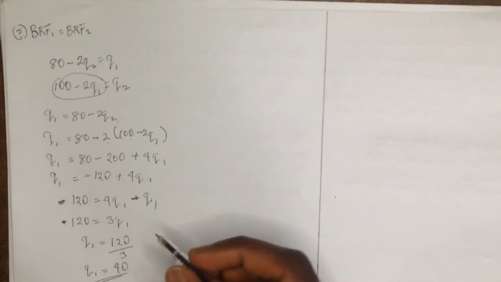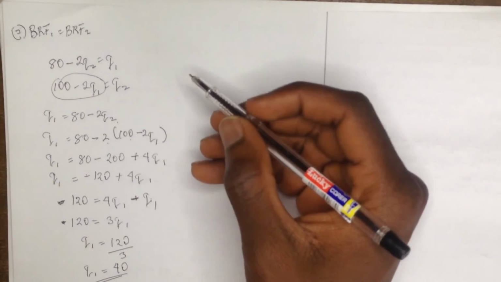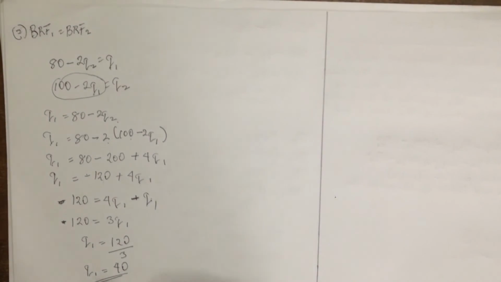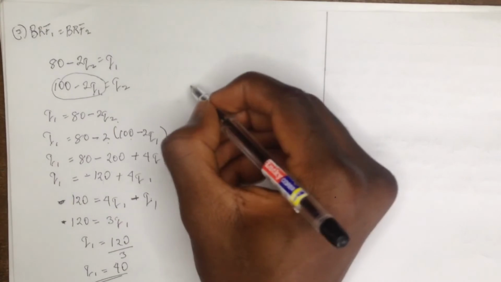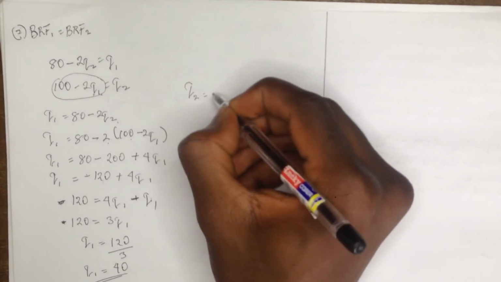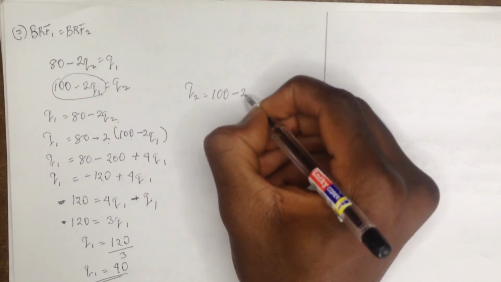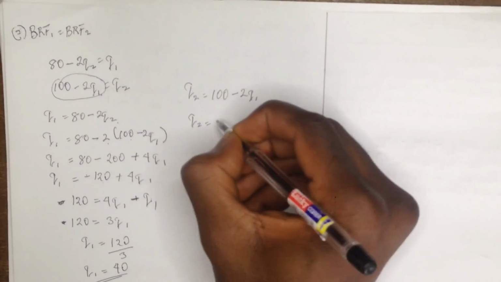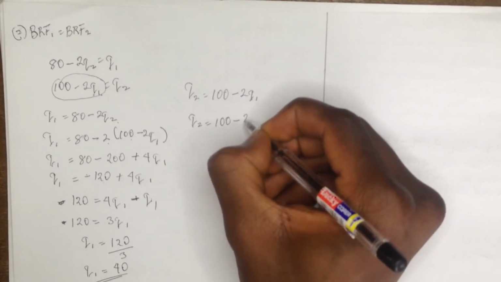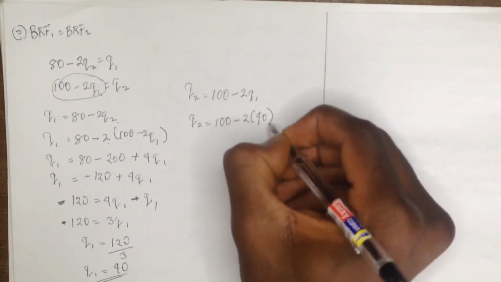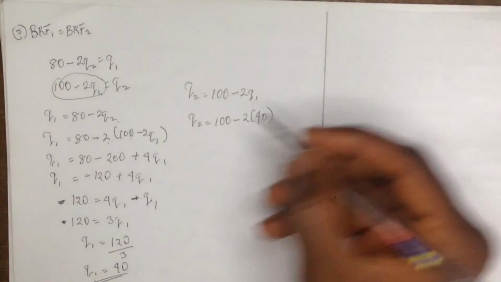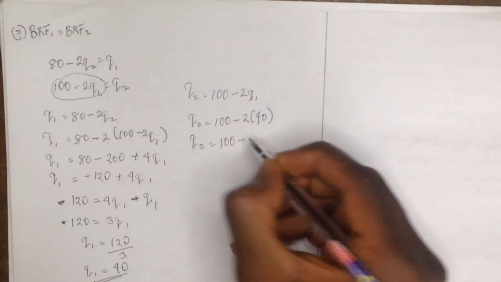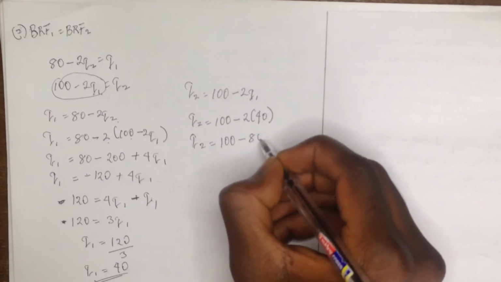Now let's solve for Q2. We slot Q1 into the reaction function: Q2 equals 100 minus 2Q1, which is 100 minus 2 times 40, so Q2 equals 100 minus 80.